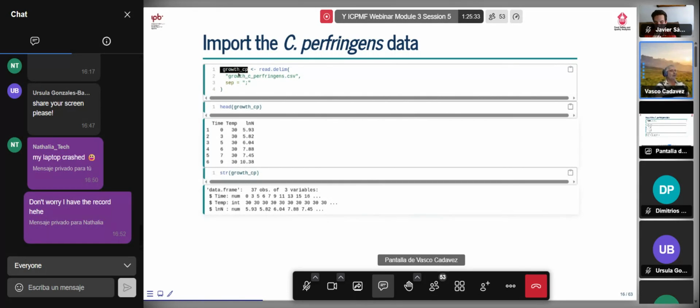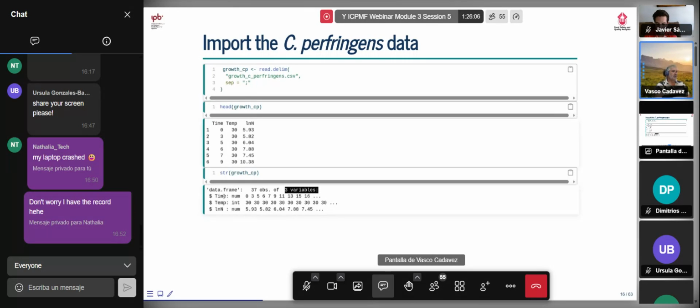I call it growth_CP for Clostridium perfringens. Okay, so the function head will show you the first 6 lines of the data. And if you want to understand the structure of your data, then you have the str function. The meaning is structure, and you can see that this is a data frame, and this data frame has 37 observations, that means lines, and 3 variables, columns.